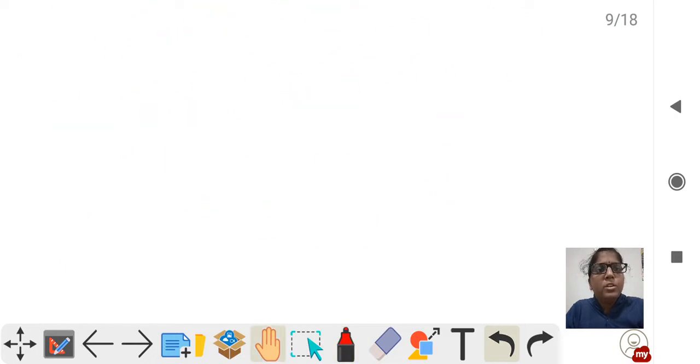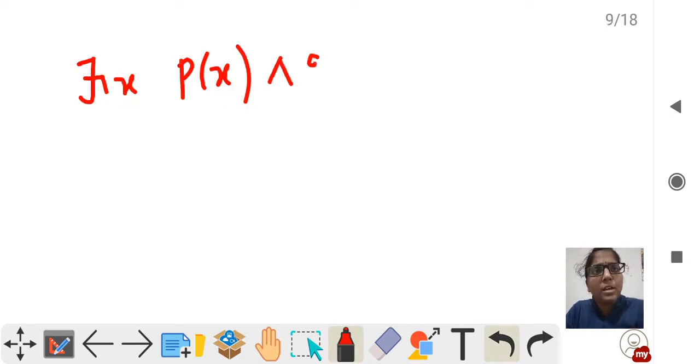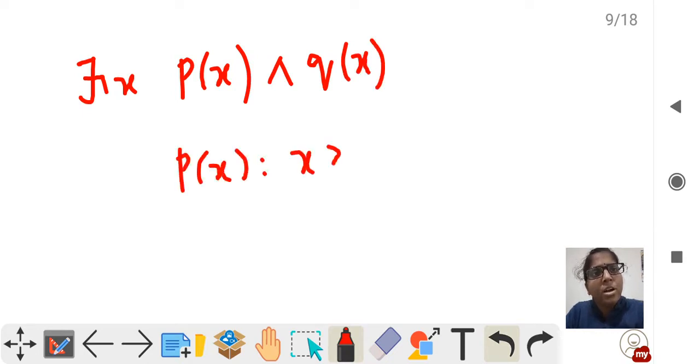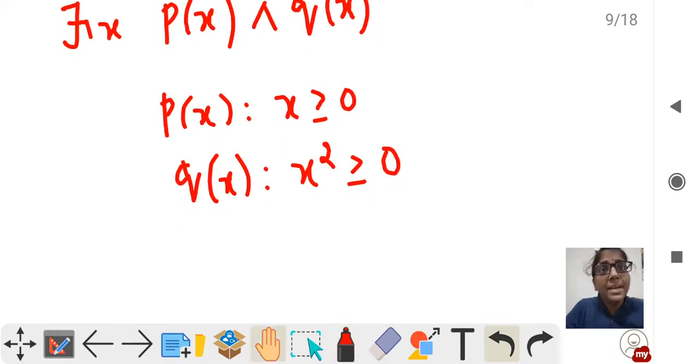So there exists x, P(x) and Q(x). P(x) is x greater than or equal to 0, and Q(x) is x squared greater than or equal to 0, right? So we have to prove that for some x, for at least one x, the statement is true.